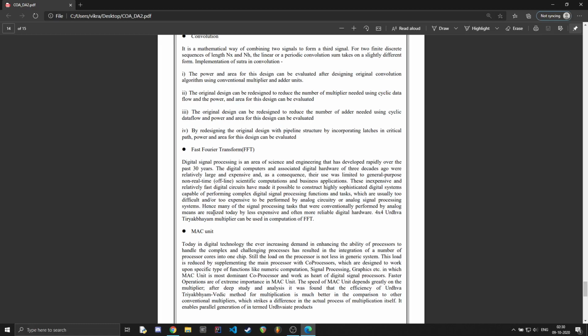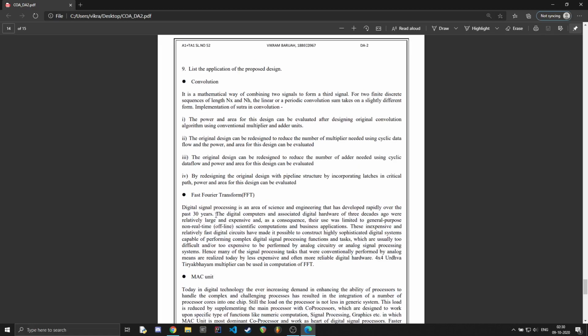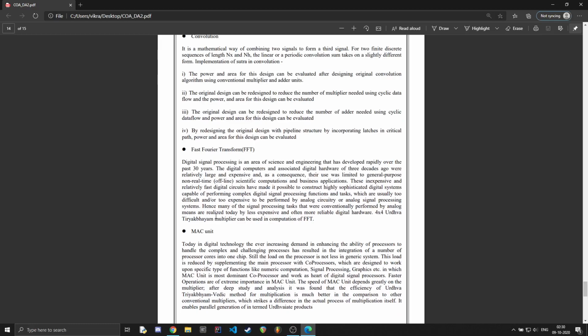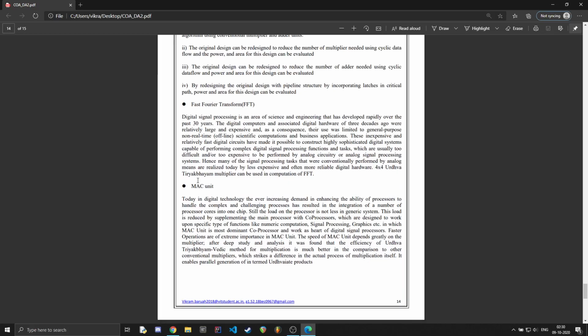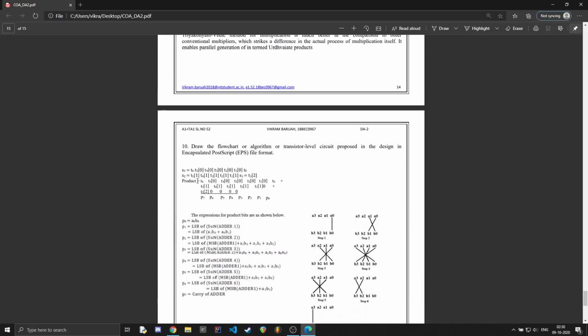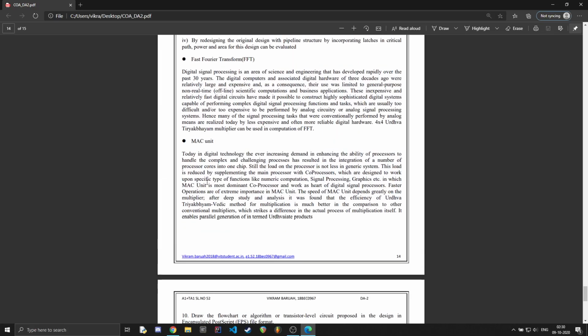So basically our algorithm and our architecture is very suitable for digital signal processing purposes. Then we have the MAC unit. So all of these operations are related to DSP.